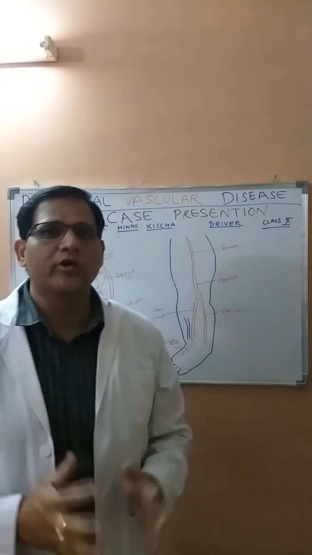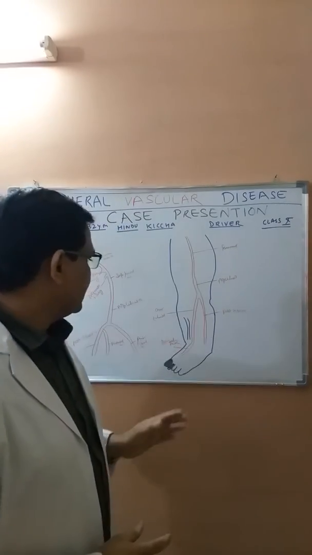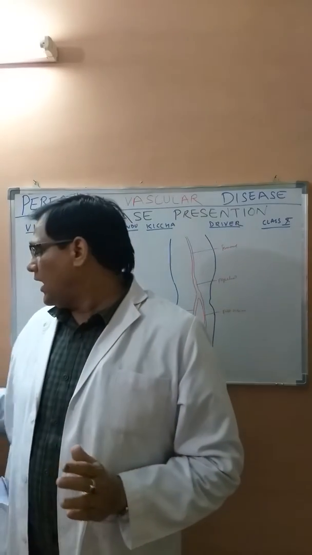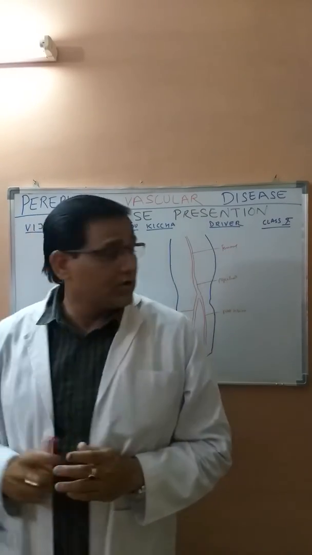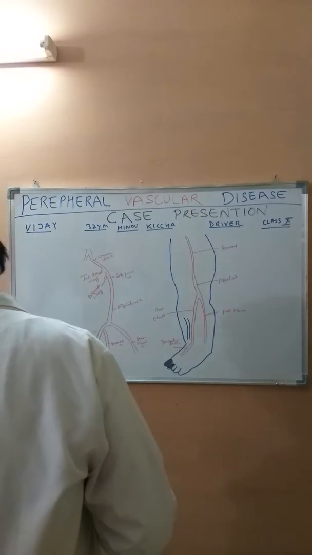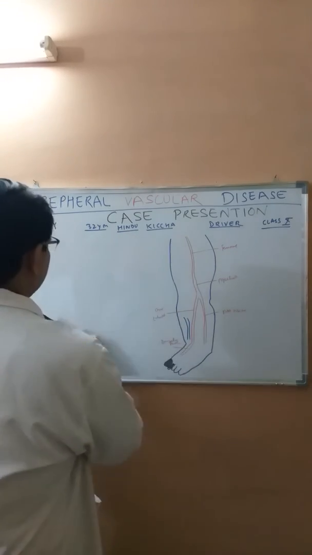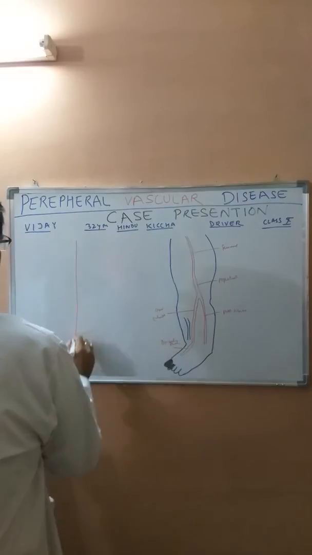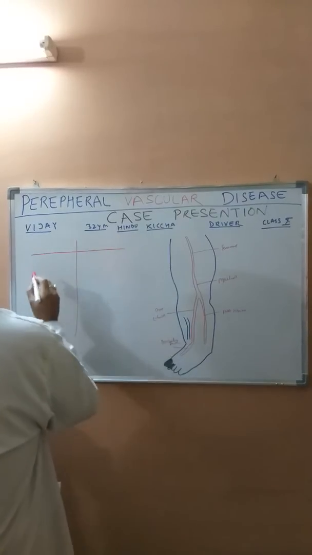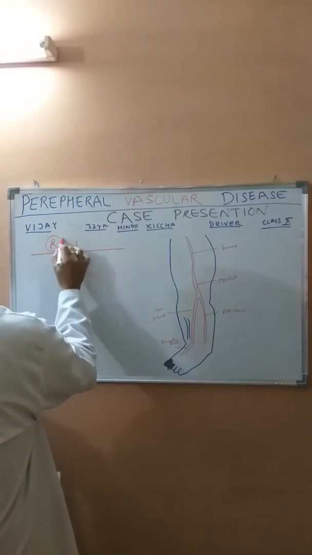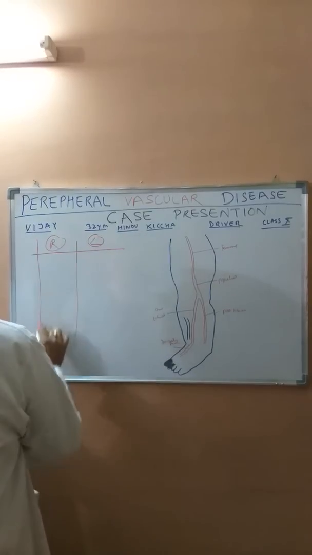Now one of the very important parts in peripheral vascular disease is to feel for the arteries. To feel for the arteries, in your exam you make a chart like this. This is the right side, this is the left side.